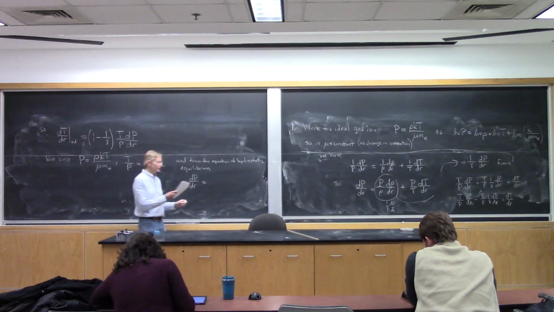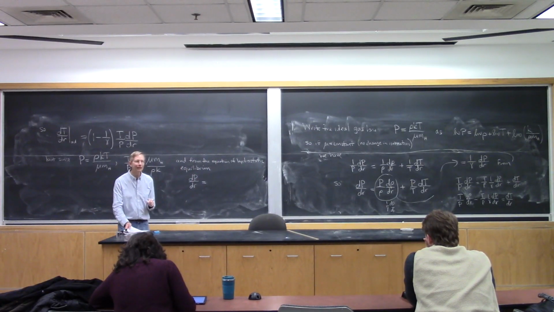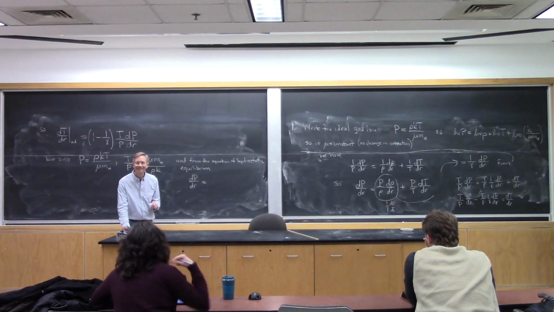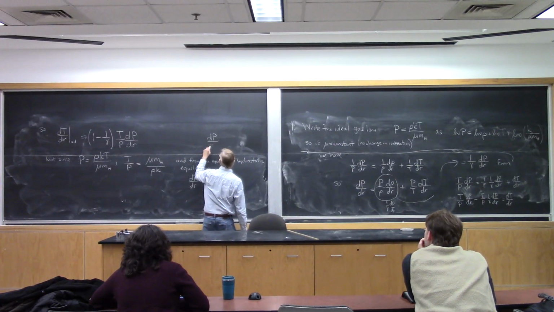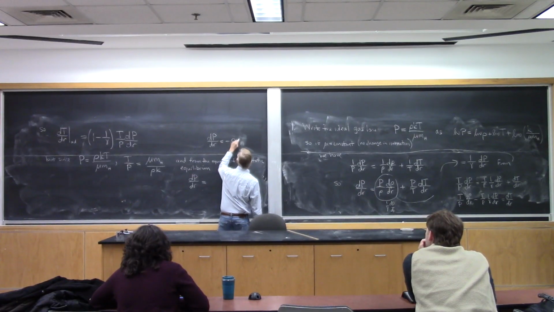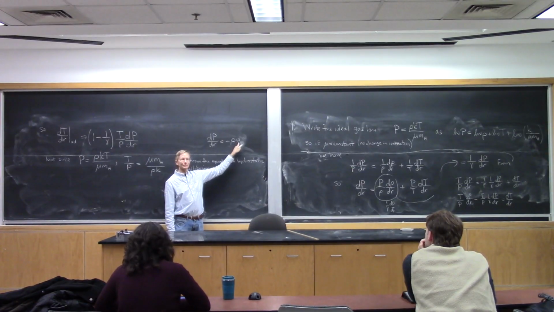What's dP/dr according to hydrostatic equilibrium? Everybody all at once? So this says pressure force per unit volume is the gravitational force per unit volume, which will be the mass per unit volume times the local gravitational acceleration.